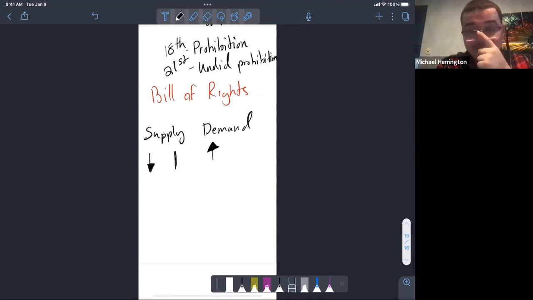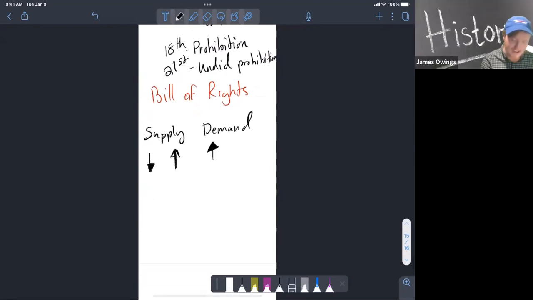If you have an excessive amount of bananas, if your supply is high, that's why the arrow is going up. If your supply is really high, and you know your bananas are going to go bad in a few weeks, you need to sell all of those thousands of bananas, then you're probably going to lower the price so that there's more demand for it. And as demand goes down, supply goes up.